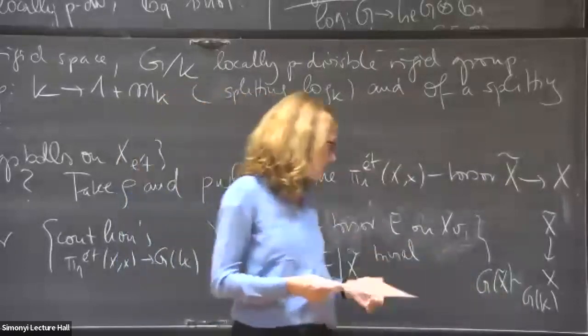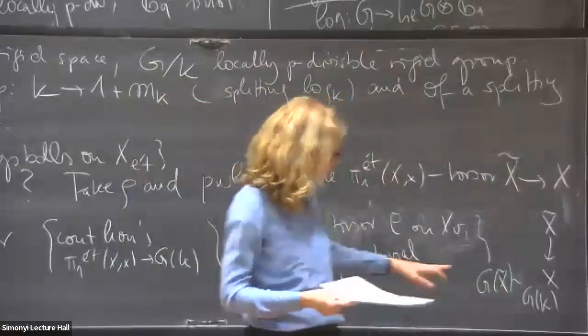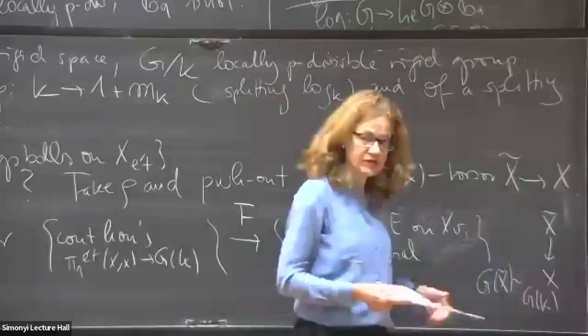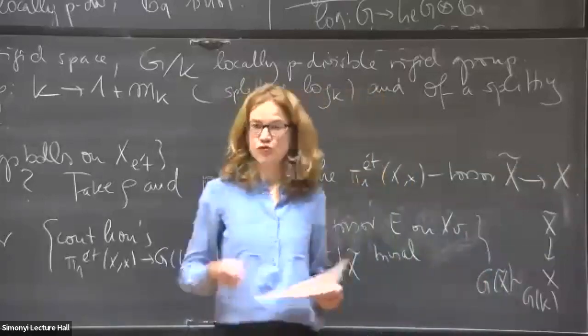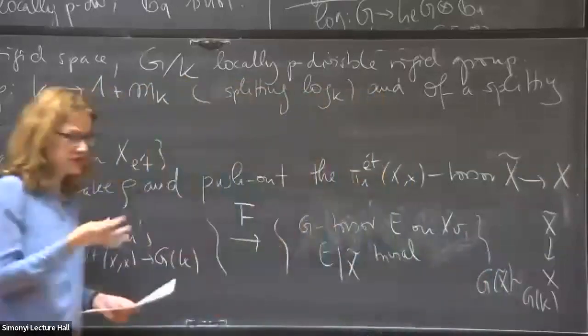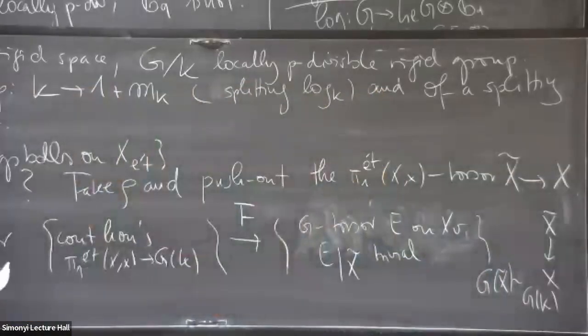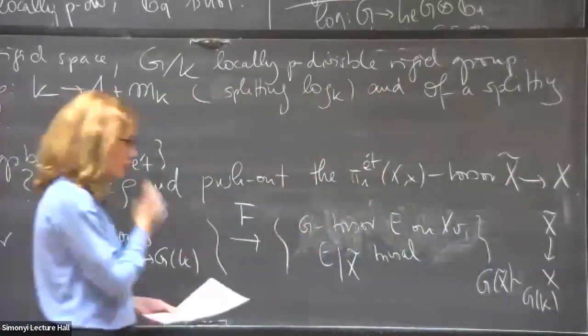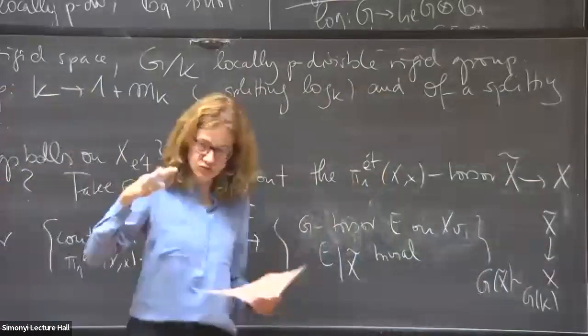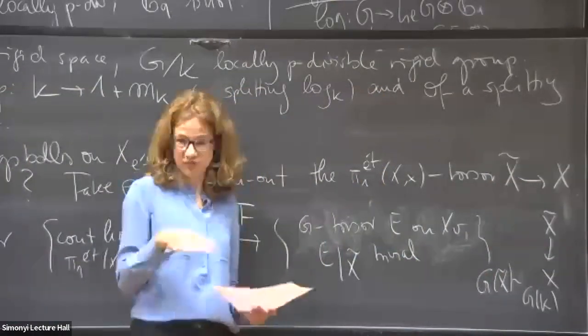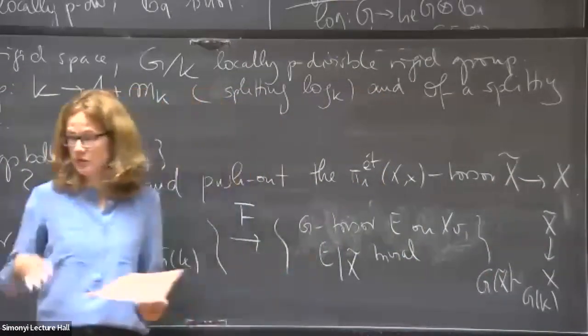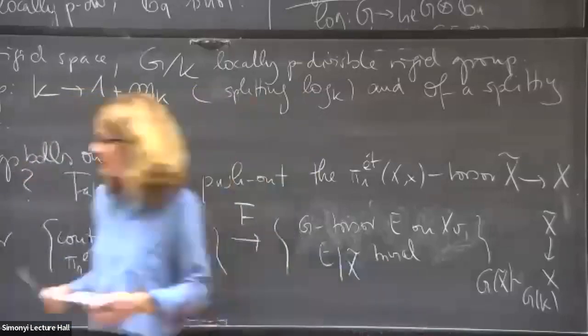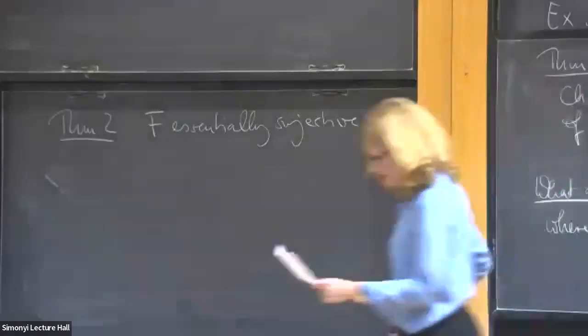The obstruction is something which are pointed maps from X tilde to G. And then we have to prove some rigidity lemma that whenever you go from a proper rigid space to a smooth rigid group, it factors through an abelian subvariety. And then we work on the abelian subvariety. So this is some work, but in the end it can be done.